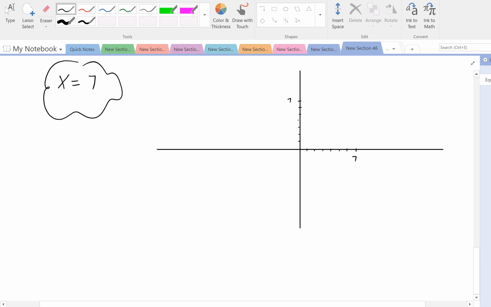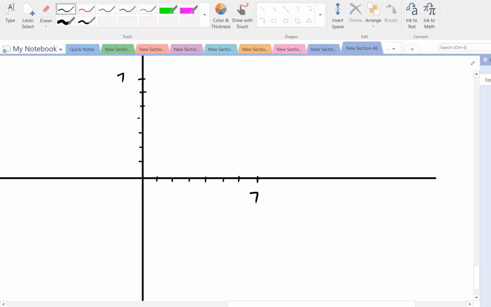So we draw a straight line, which is going to be vertical, because let me draw that thing carefully. This is the line, and on this line x is always 7.